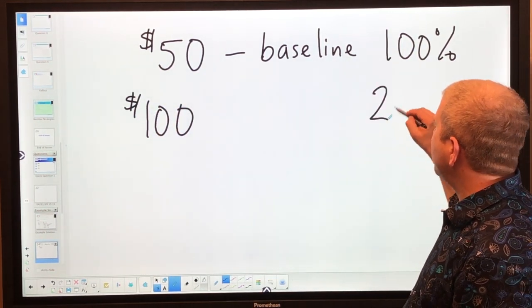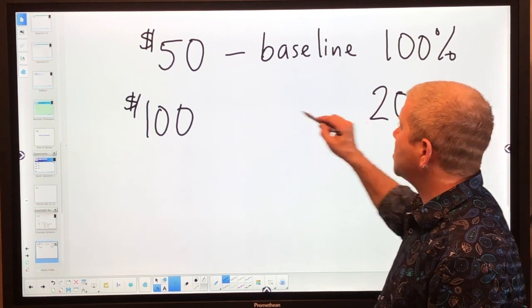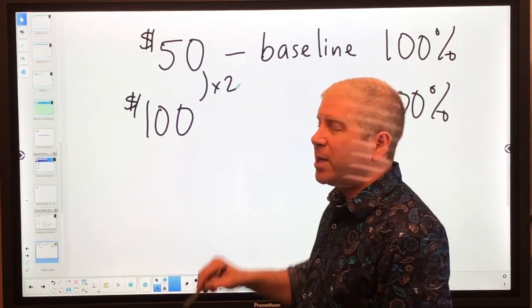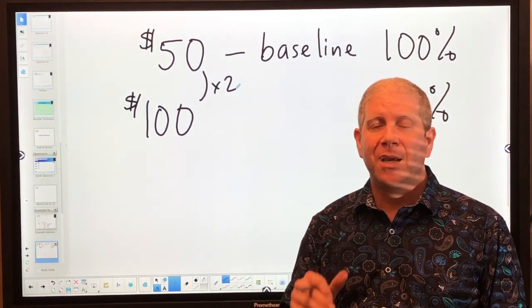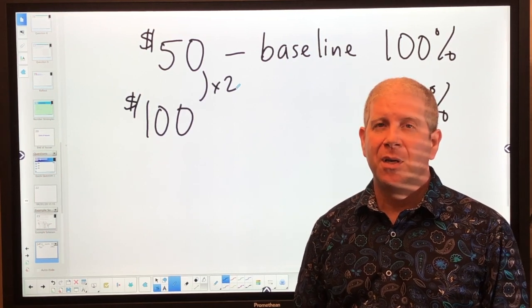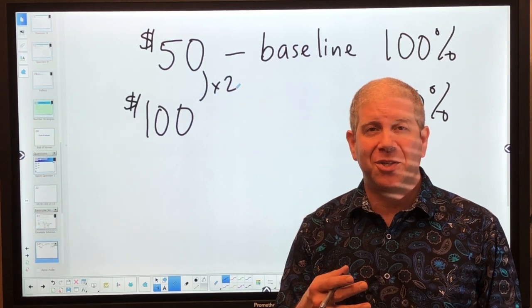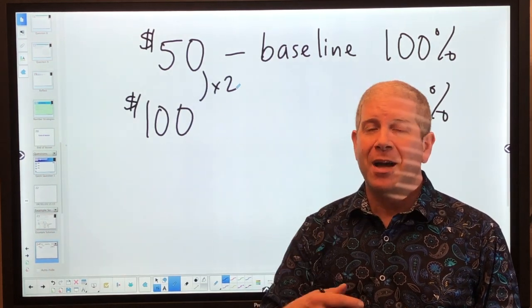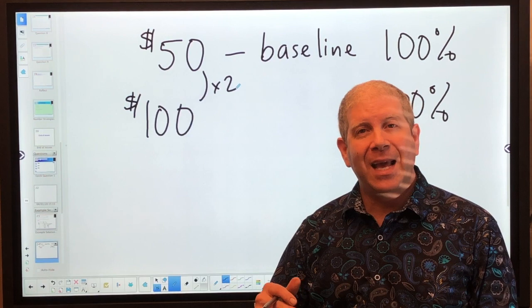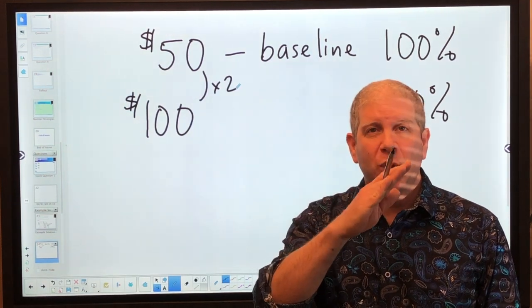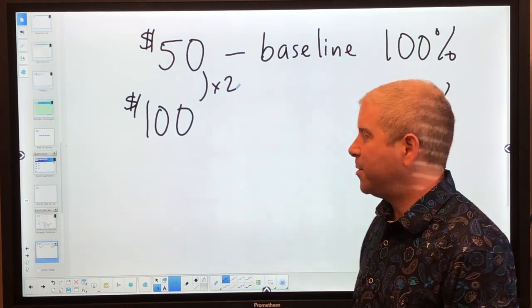Right now we are at 200%. The stock value has doubled. So it has gone up 200% compared to its original stock price. So in stocks, for example, it is common to see percentages in the 200, 300, 400%, and that indicates companies that are doubling, tripling, or quadrupling their stock values.